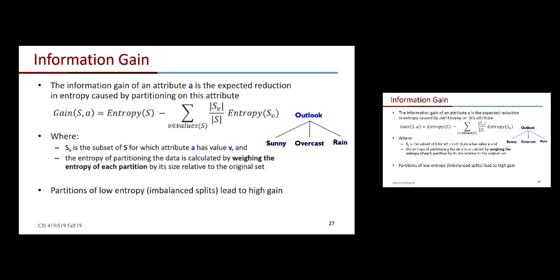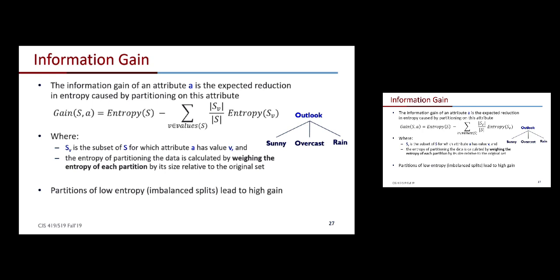I'm going to look at the entropy of each one of these subsets, entropy of S_v, and weigh them by the relative size of S_v to S. So it's a weighted sum of the entropies of each one of these splits, over all the values that it takes. S_v is just the subset of all examples for which outlook is sunny or overcast or rain.